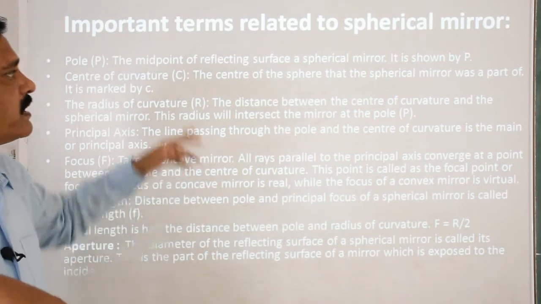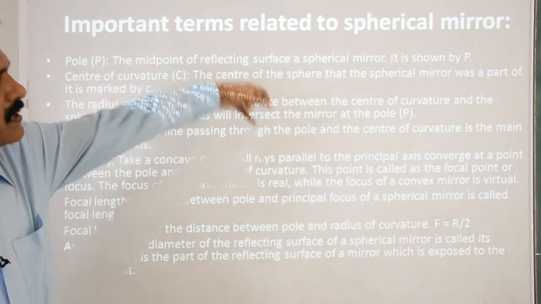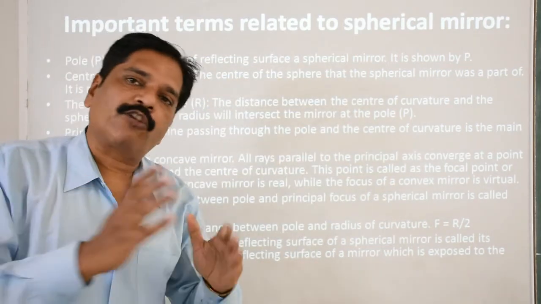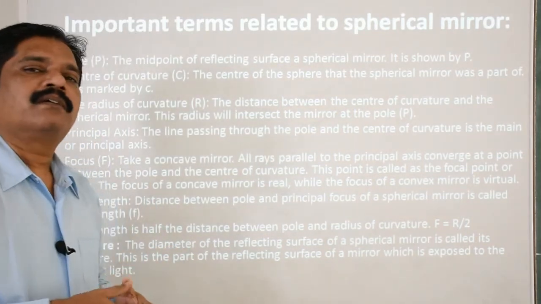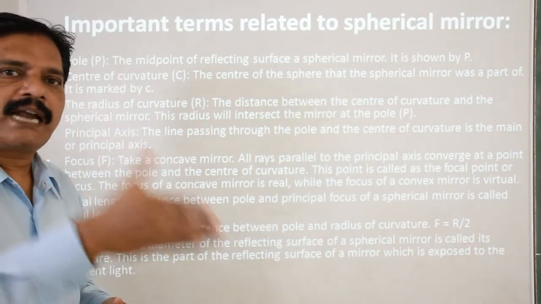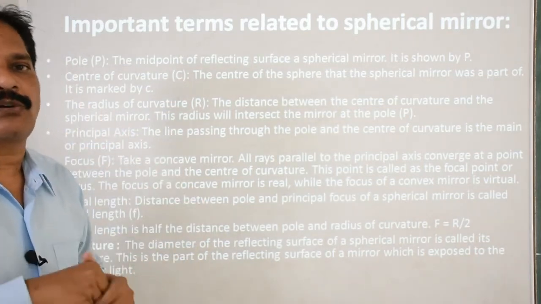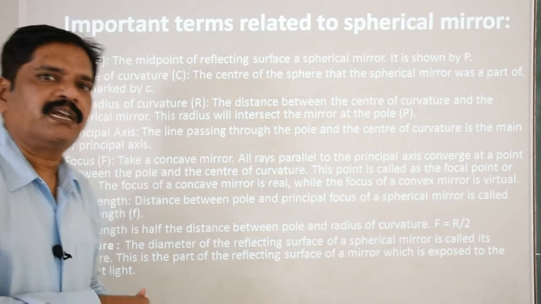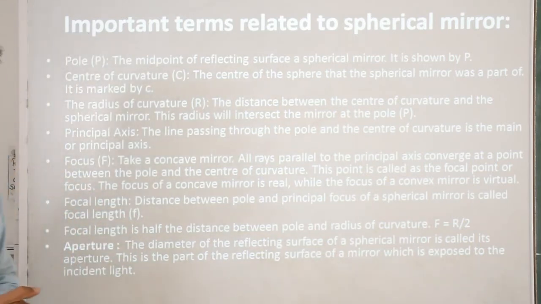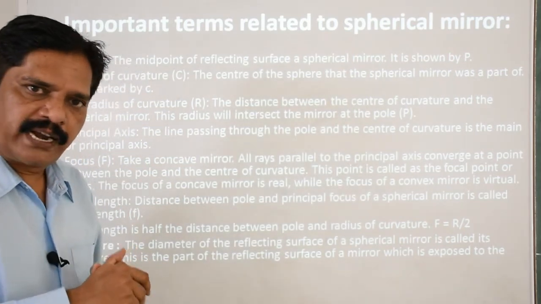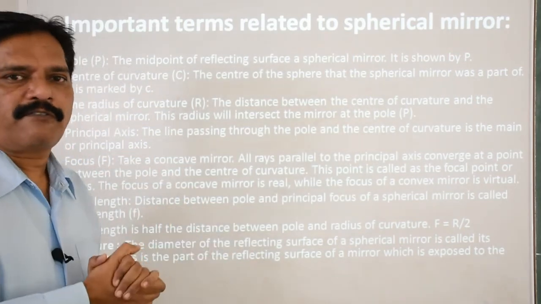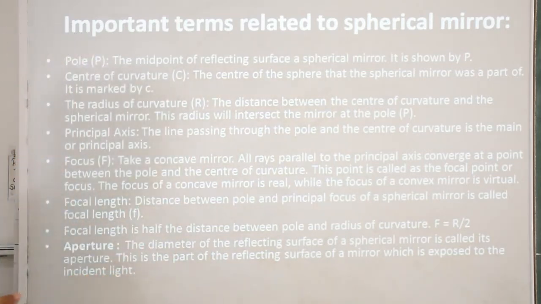Then the radius of curvature is simply the distance between the pole and the center of curvature, and it is just half of the diameter of the sphere. And what is the principal axis? The straight line which connects the pole and the center of curvature is called the principal axis.